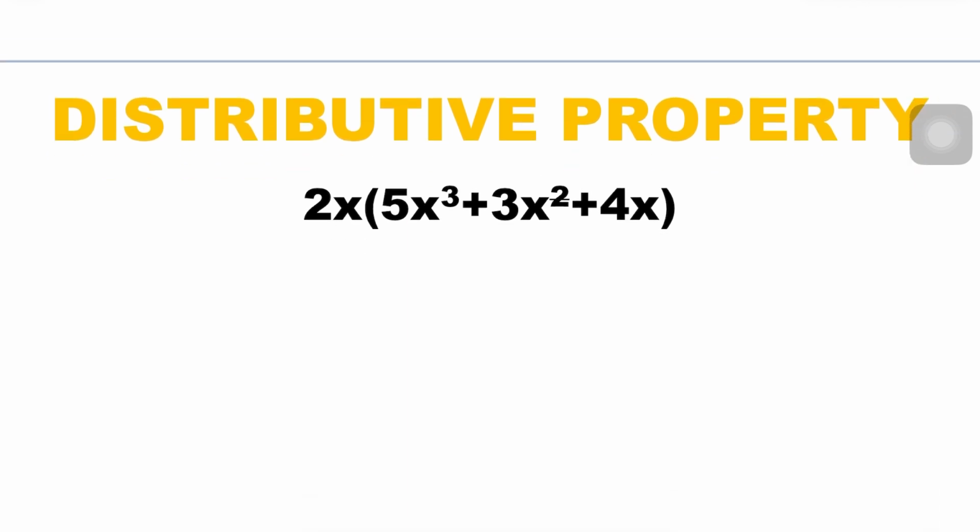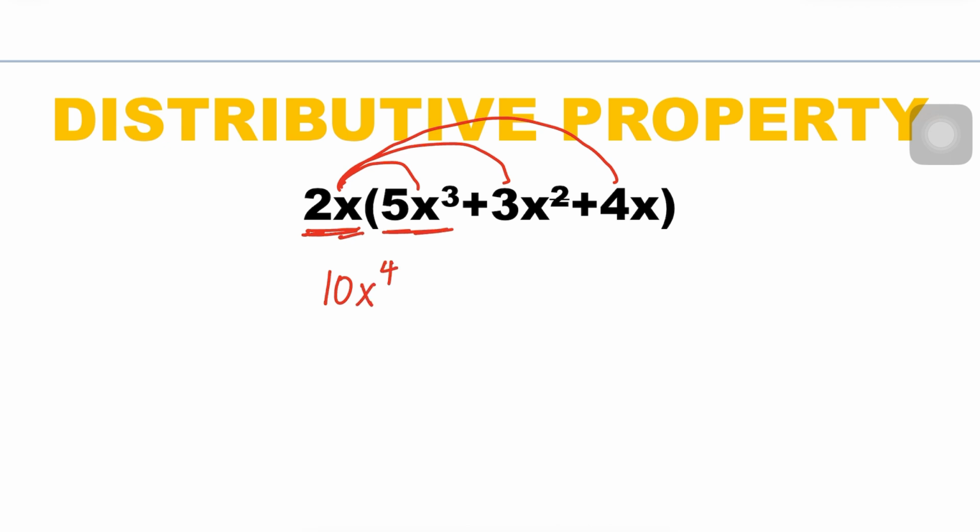So 2x times quantity of 5x cubed plus 3x squared plus 4x. So you multiply this to this term, and this term. That's why it's called distributive. So 2x times 5x cubed. Multiply your coefficient, 2 times 5, 10. X times x cubed, x raised to the fourth.